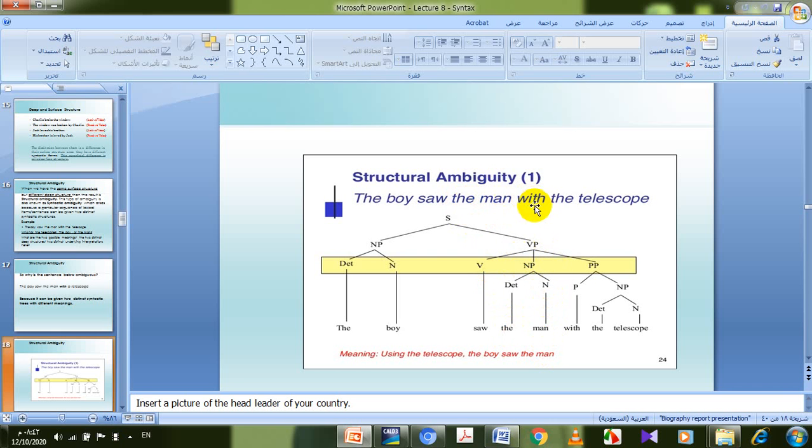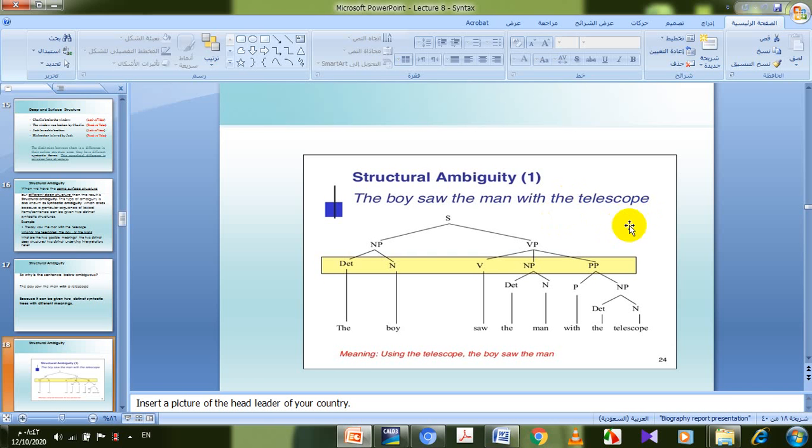Next we have with a telescope. With a telescope is a prepositional phrase. A prepositional phrase is a group of words starting with a preposition and containing a noun, more than one word, of course.